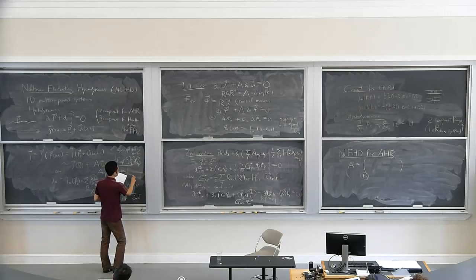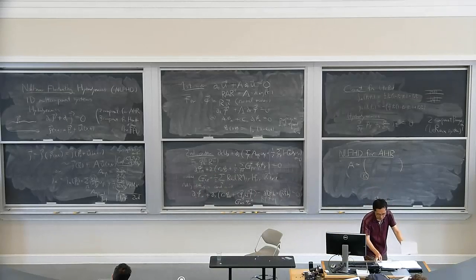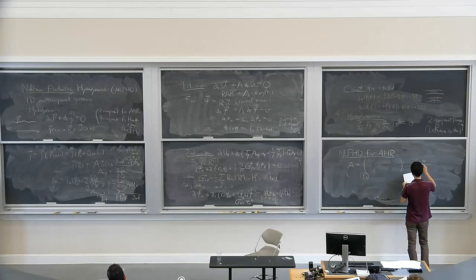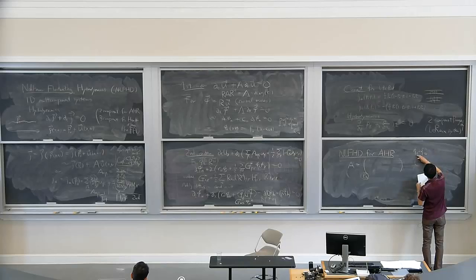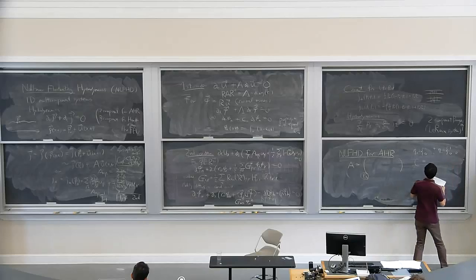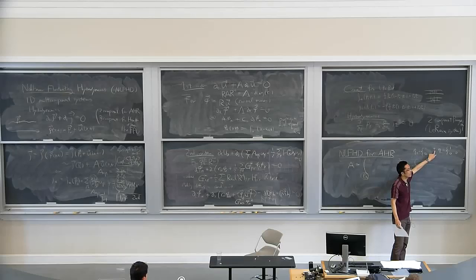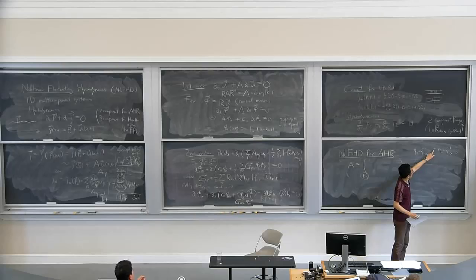For the case of AHR, at each lattice site, you should think that eta plus is 1 if there is a plus particle at the site, and 0 if a plus particle is not there.